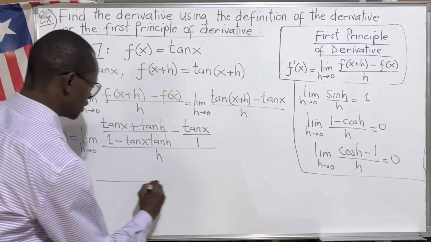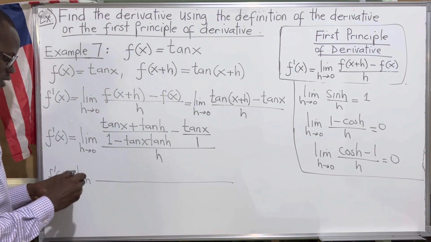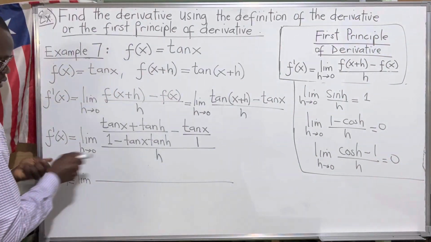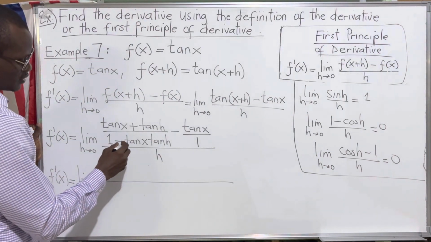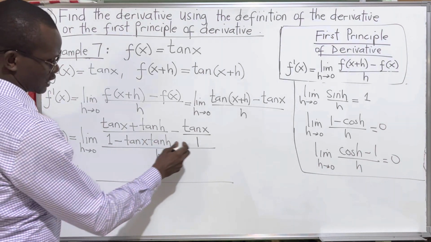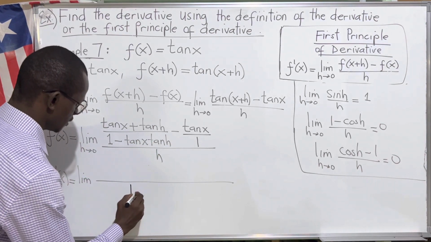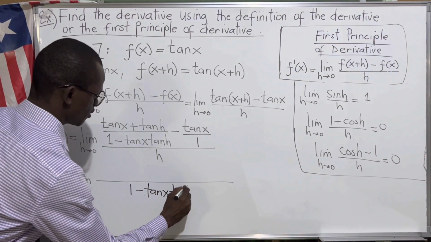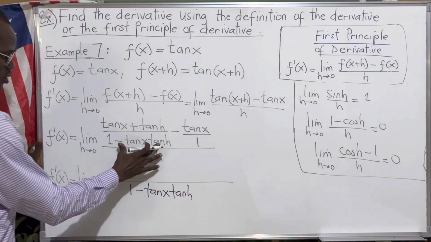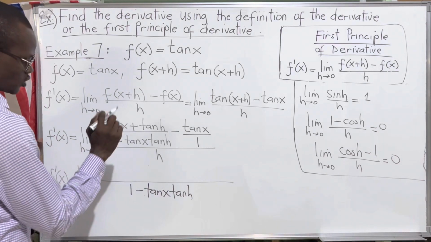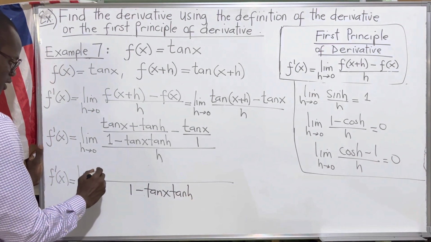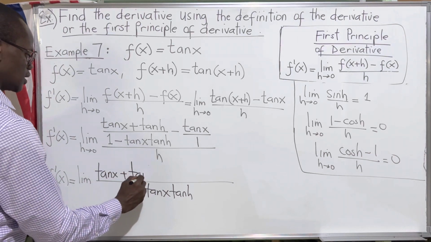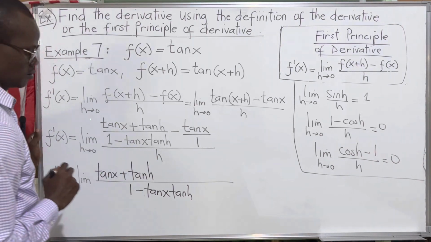The LCD there is 1 minus tangent of x tangent of h times 1, so it's just 1 minus tangent of x tangent of h. 1 goes into this numerator giving tangent of x plus tangent of h.